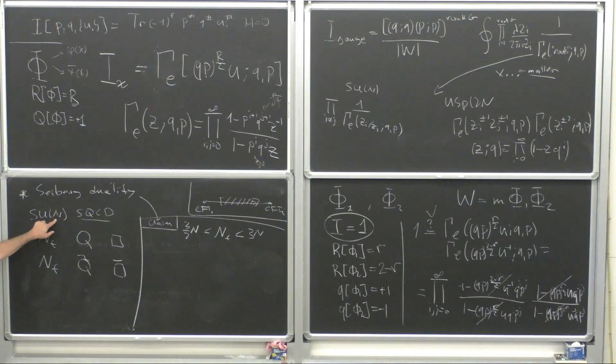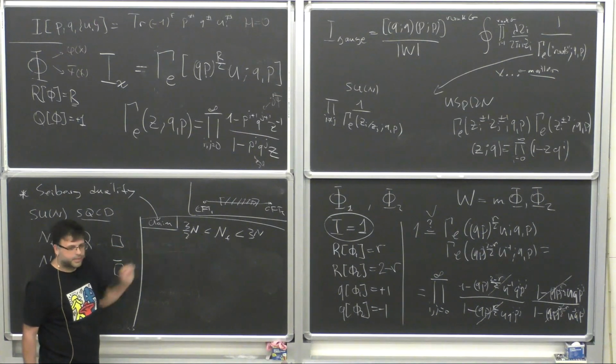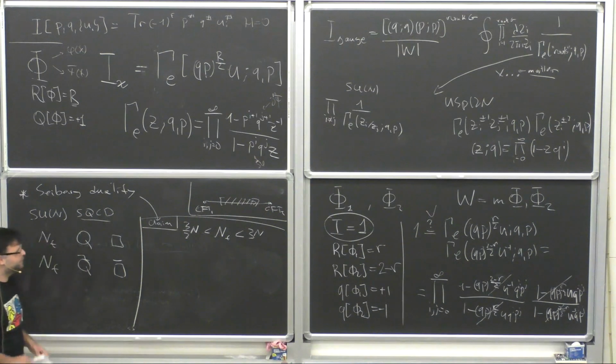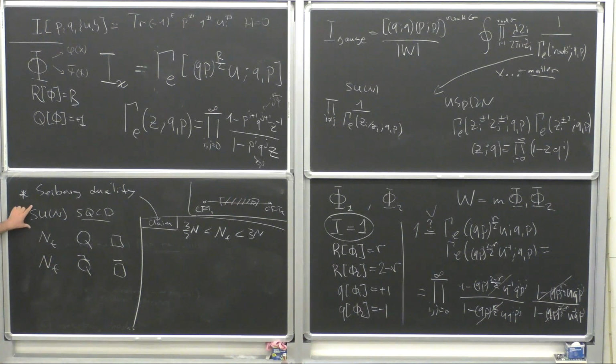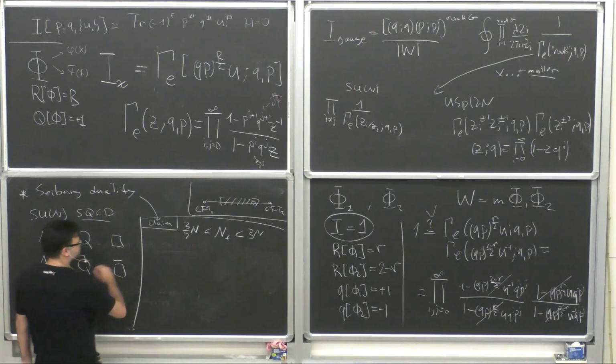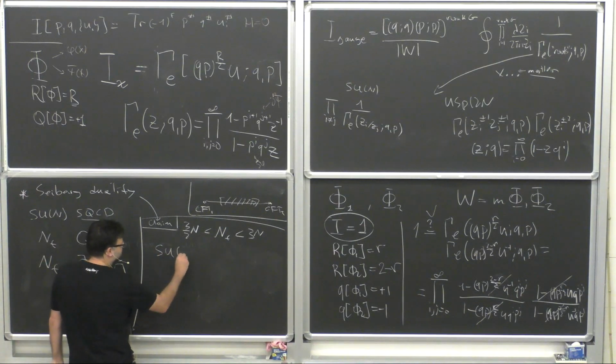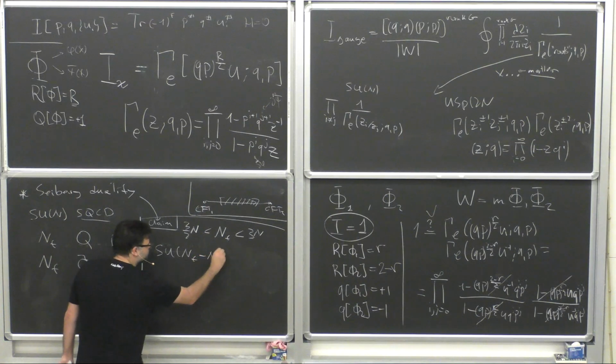It's sometimes called the number of colors. Okay? This is the number of colors, and this is the number of flavors. If we choose NF in this window, which is called the conformal window, then the claim is whatever this theory flows to is the same thing to which the theory with the gauge group SU(NF minus N) will flow to.